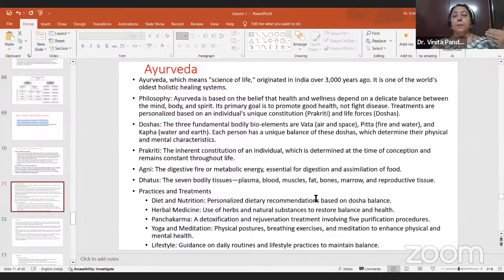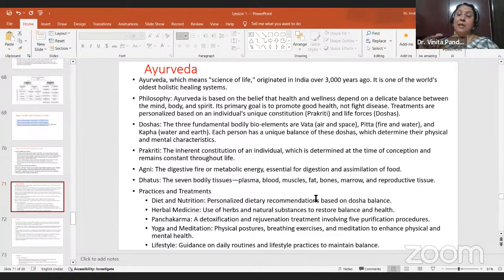So the Ayurvedic way of treatment is addressing the concerns at a spiritual level also. Its primary goal is to promote good health and not fight disease. You might find this a little amusing, but that is the basic approach.